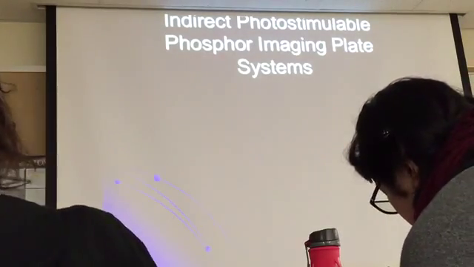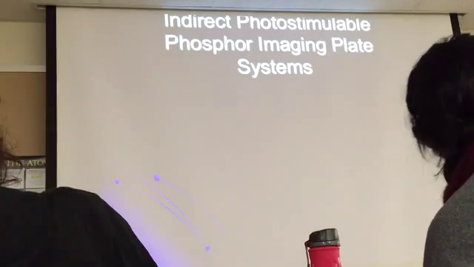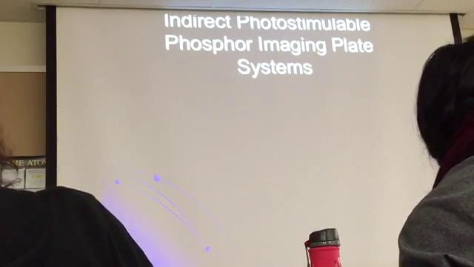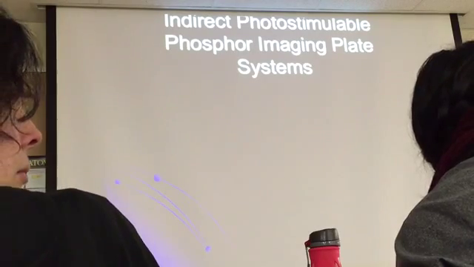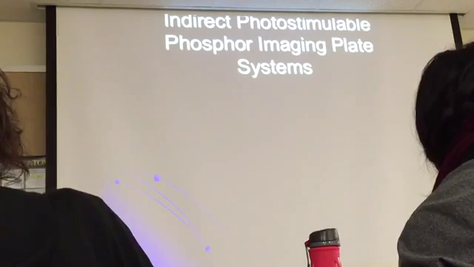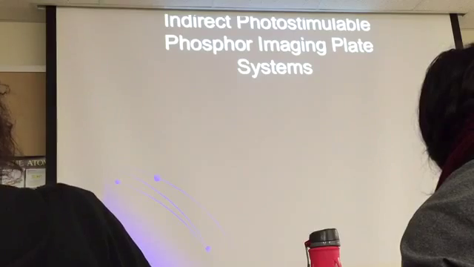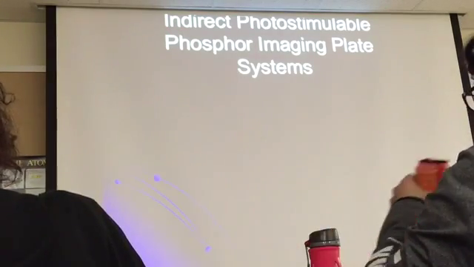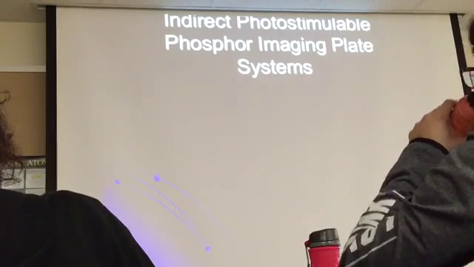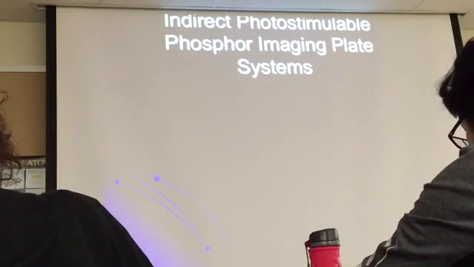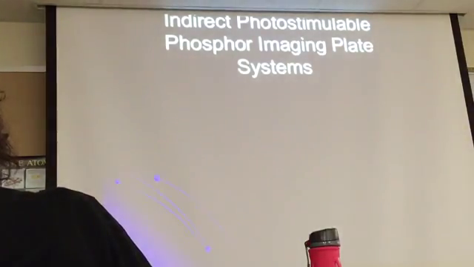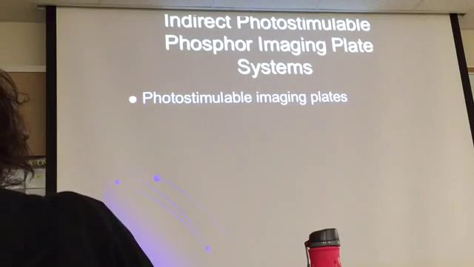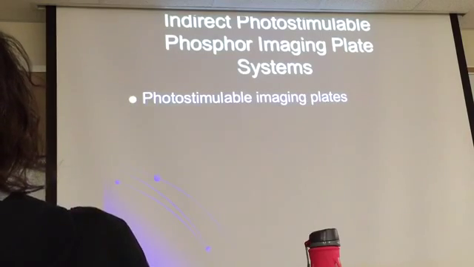So the system that we use here, this is a CR system, and nowadays CR plates, this is the long name that it was given, indirect photostimulable phosphor imaging plates, or CR for short.